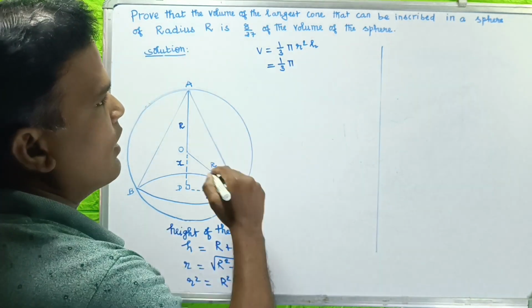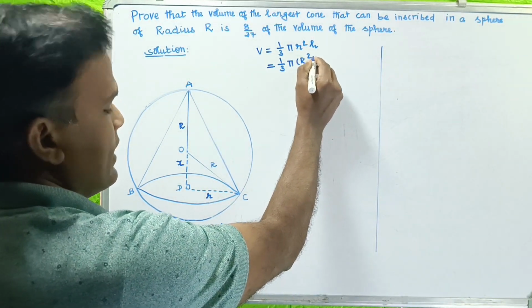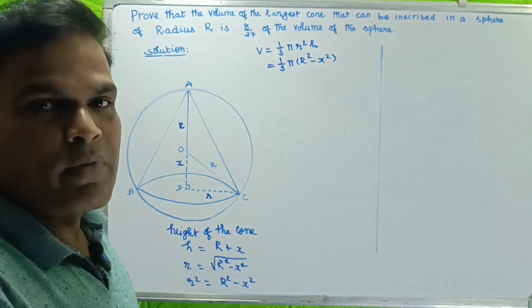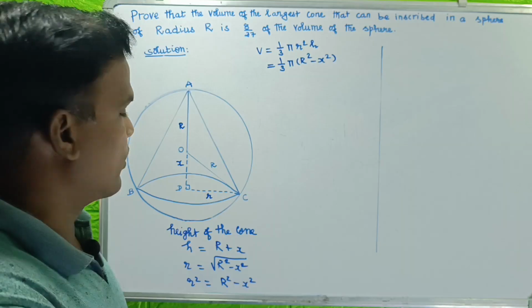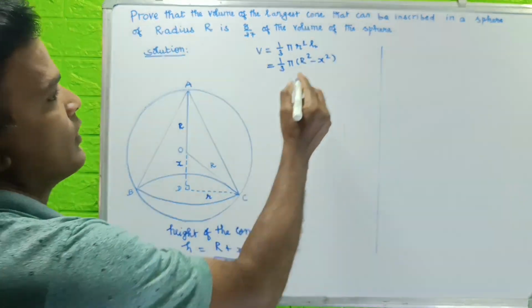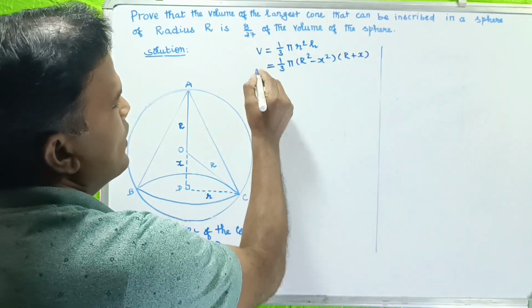So we can replace the small r square as capital R square minus x square into h. What do you mean by h? h is the height of the cone. So the height of the cone is R plus x. So this is the V.